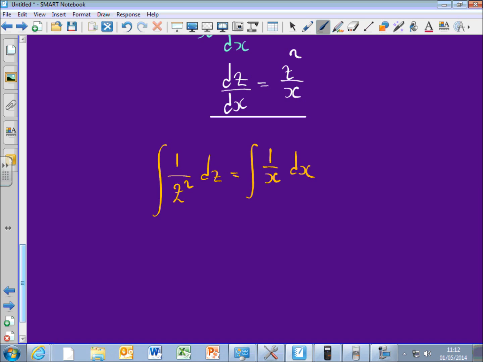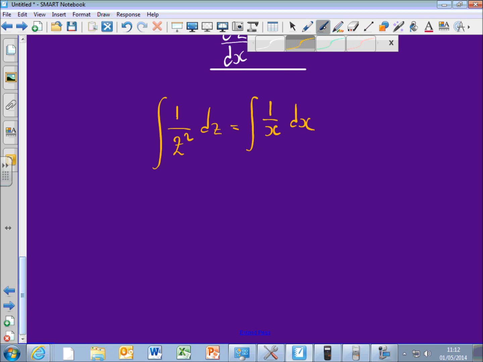Is that okay? What do I get if I integrate the left-hand side? Minus 1 over z. Yeah. And this side? Plus c, yeah?